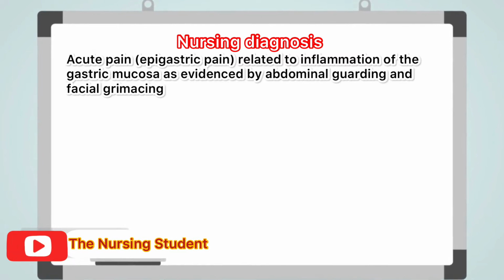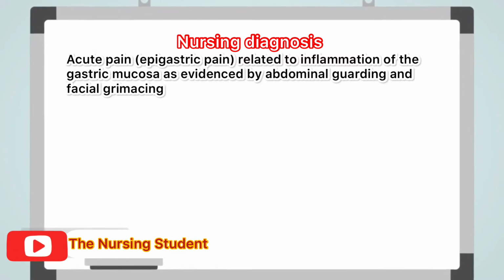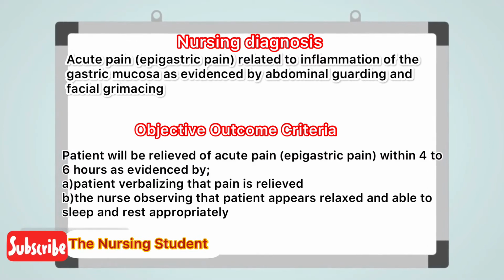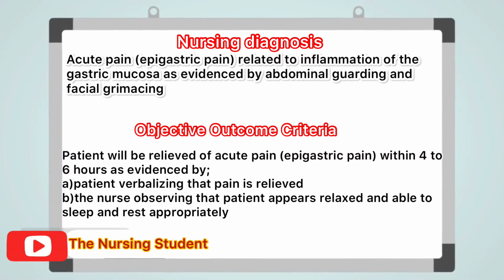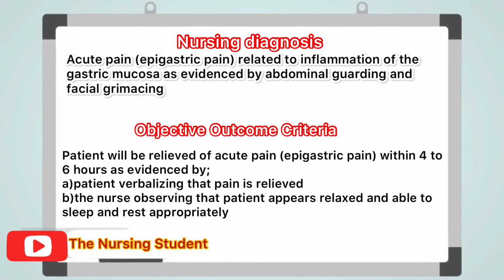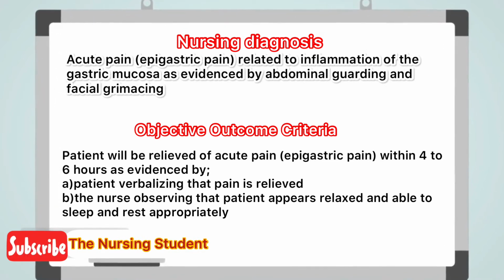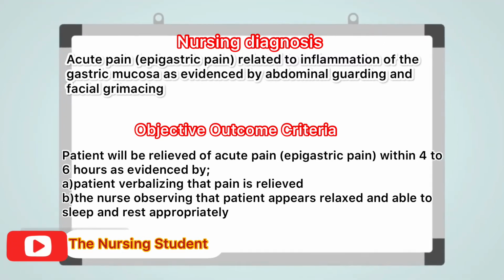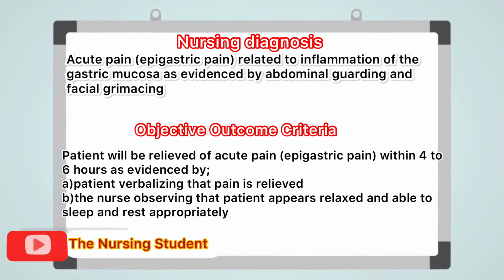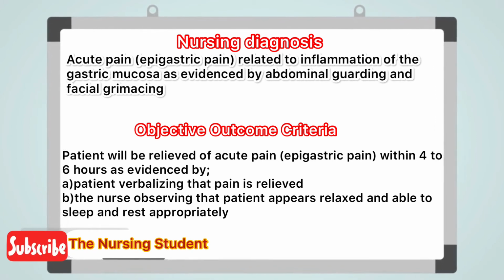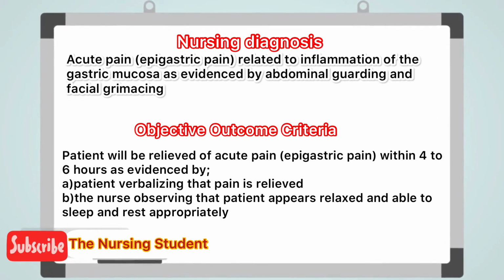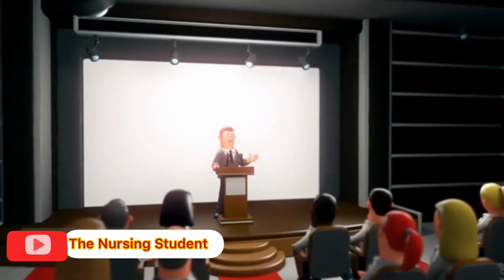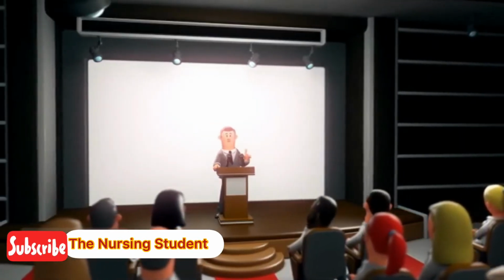Our objective outcome criteria can go like this: Patient will be relieved of acute pain, in brackets epigastric pain, within 4 to 6 hours as evidenced by: A, the patient verbalizing that pain is relieved, and B, the nurse observing that the patient appears relaxed and able to sleep and rest appropriately.